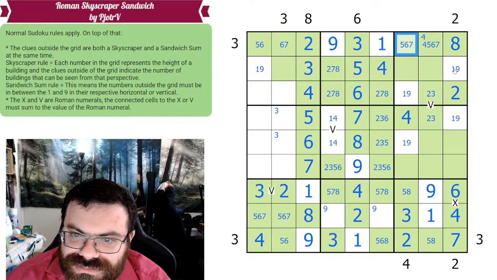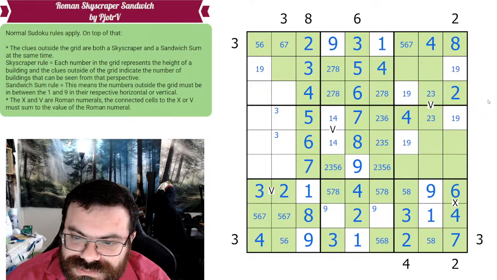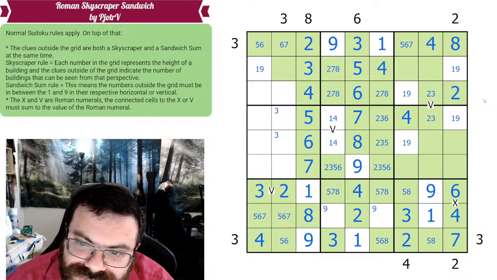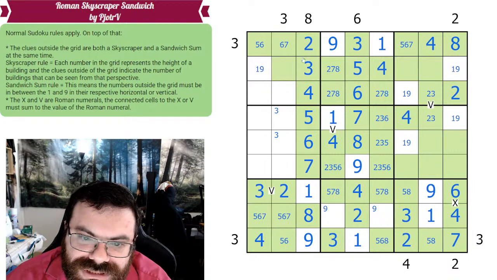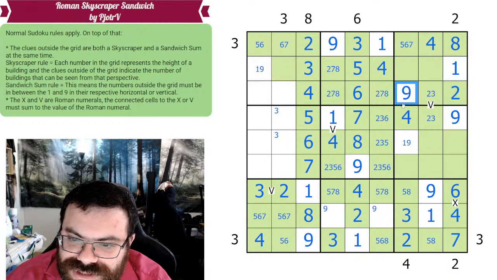The 4 looks up now. I guess it has since I figured out the 4 was one of those 2. This is 1 and 4. So now we can finish these off.